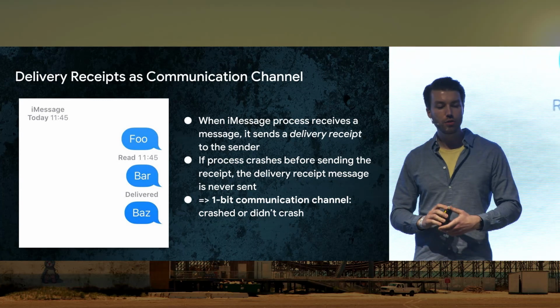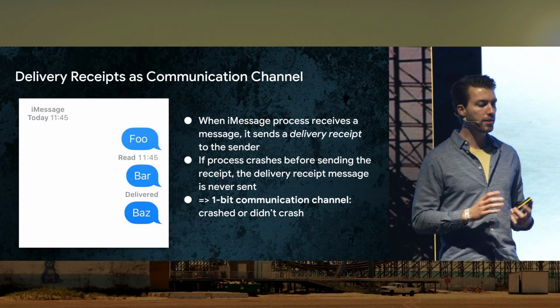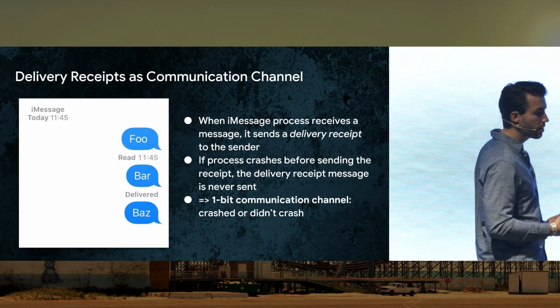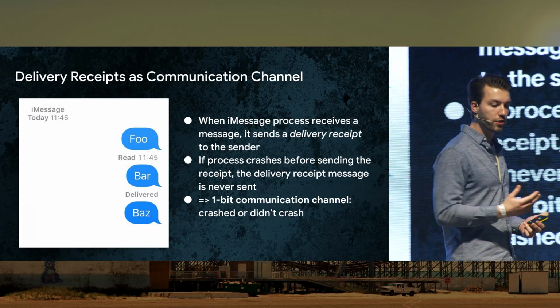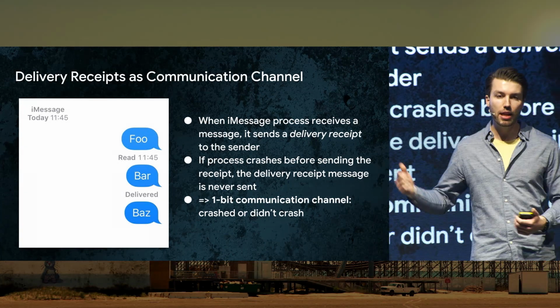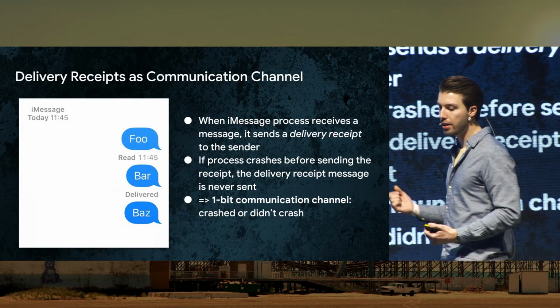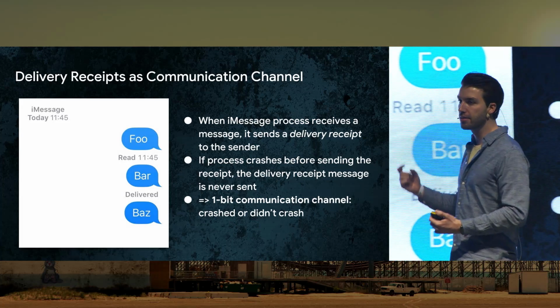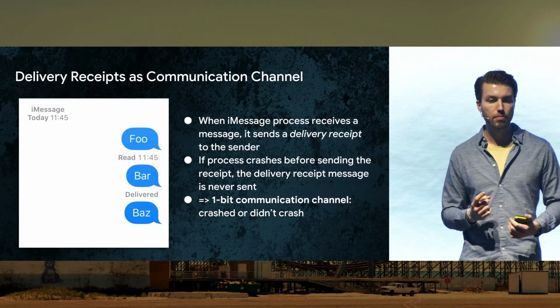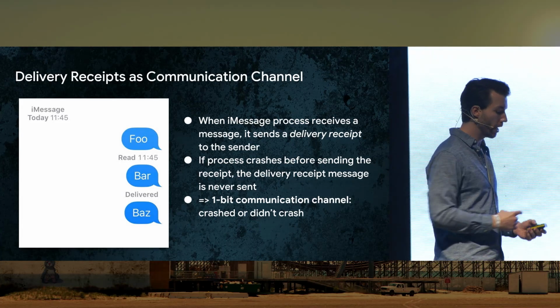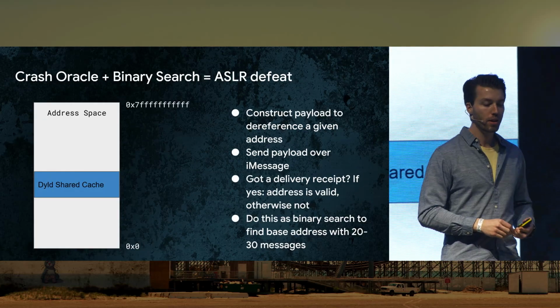Now this gives us an interesting oracle, because if during the processing of our iMessage the service crashes, then it never sends the delivery receipt. And so we have this 1-bit channel that says, did it crash or did it not crash? And this is enough to break ASLR. So here's how.